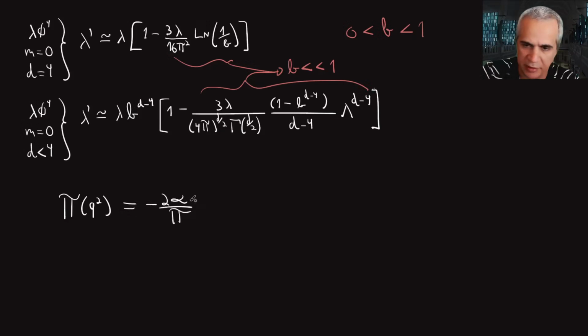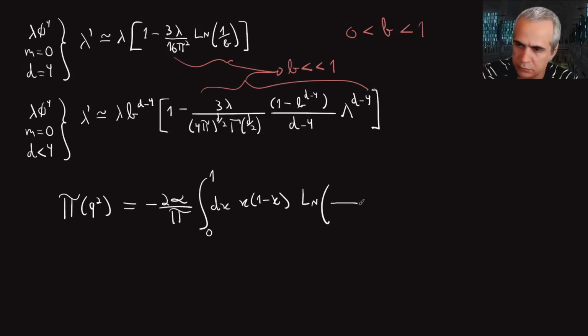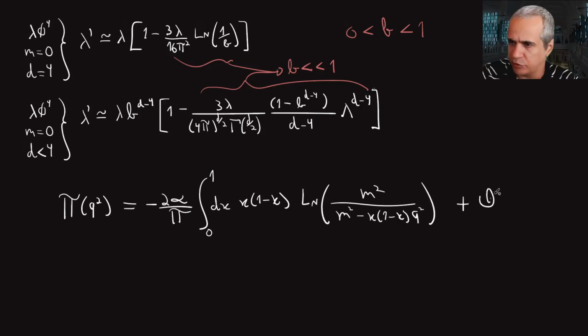Let me write it here, still in terms of Feynman parameters in this case, because we can see what we need here. M squared minus x, 1 minus x, q squared. And of course, there are contributions of order alpha squared. So that's what you get at one loop.